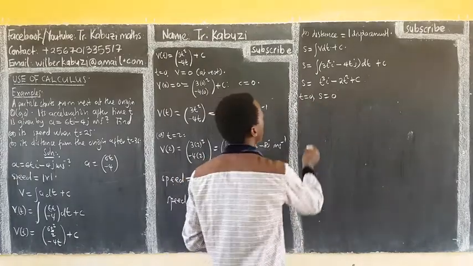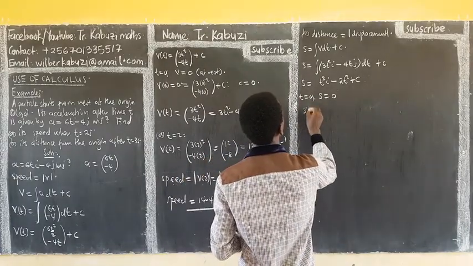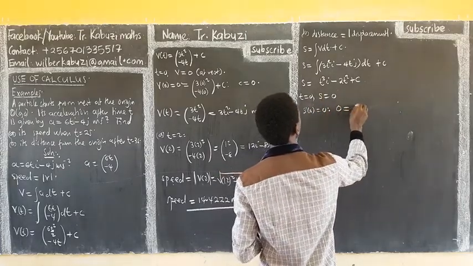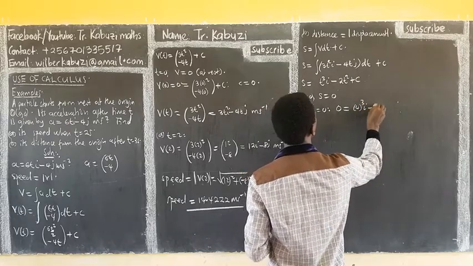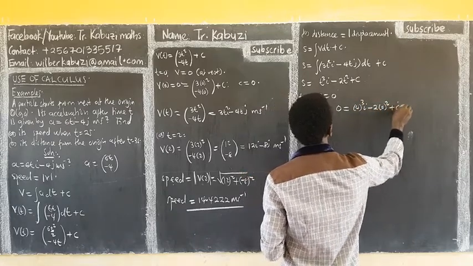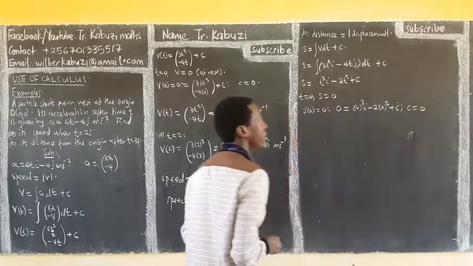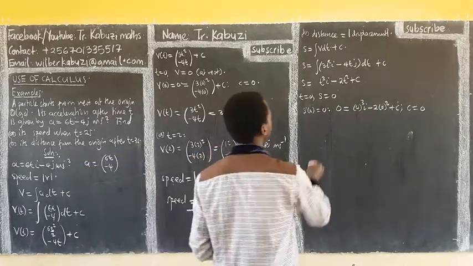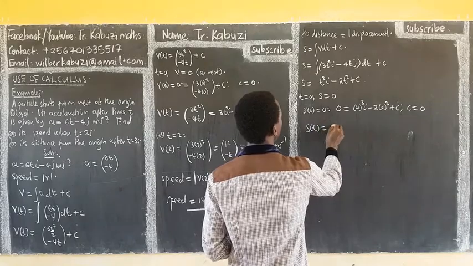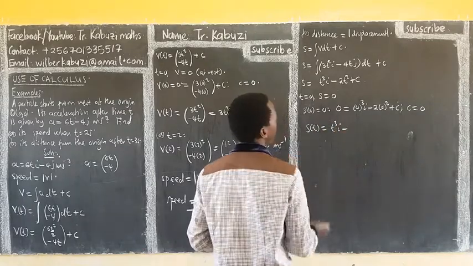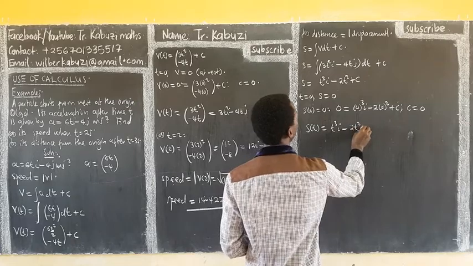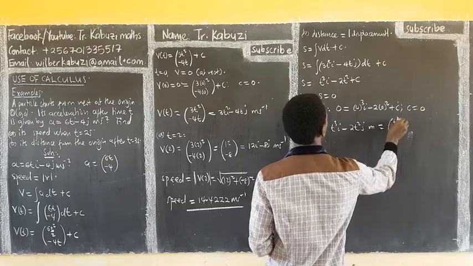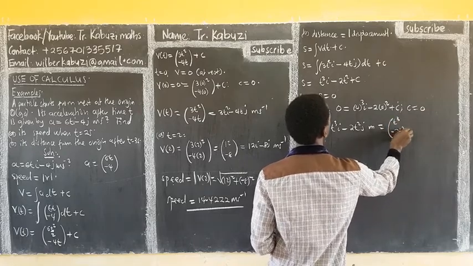So when we put in there, s at 0 is going to be 0, implying 0 cubed i minus 2 times 0 squared j, then plus c, implying that our c is 0. Don't take it that it is always 0, no. Just for this question, that's what we have. So our s at any time is t cubed i minus 2t squared j meters, which we can give as (t cubed, minus 2t squared).